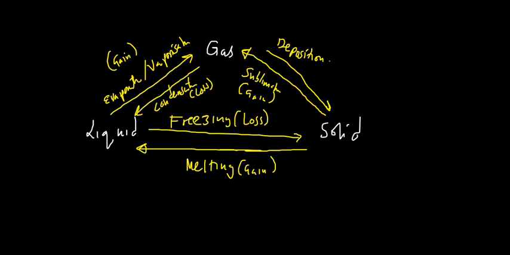Now, what are some examples of things that can undergo a direct change from a solid into a gas? We know water can go to a gas as a liquid and into a solid, but what are some things that can go direct from solid into a gas? Sublimation.